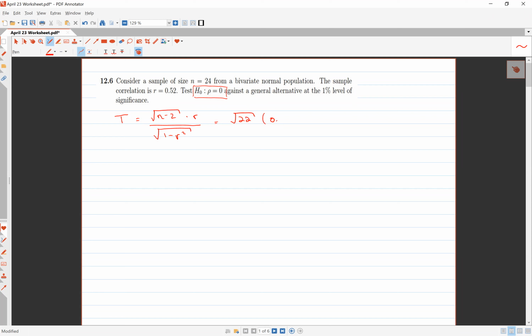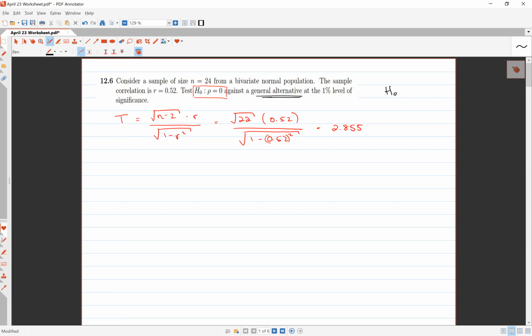So just plugging in all my observed values here, this will give you a test statistic of 2.855 if you do that implementation. Now, we're testing against the general alternative here.